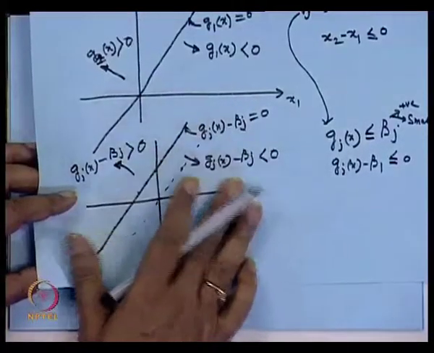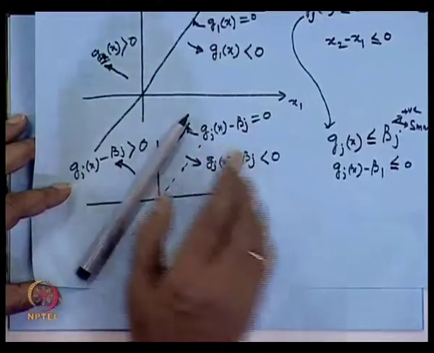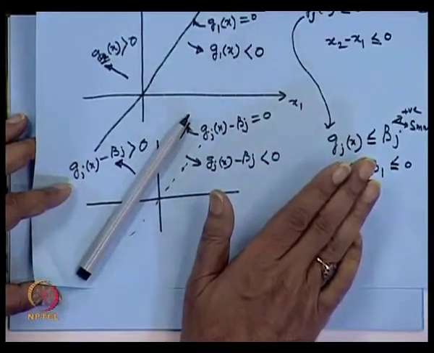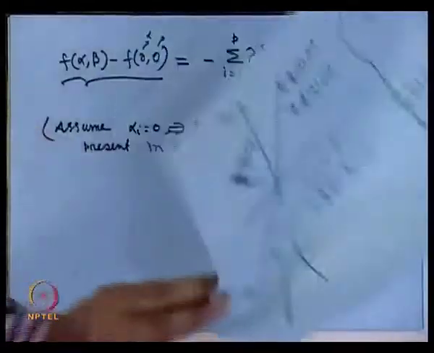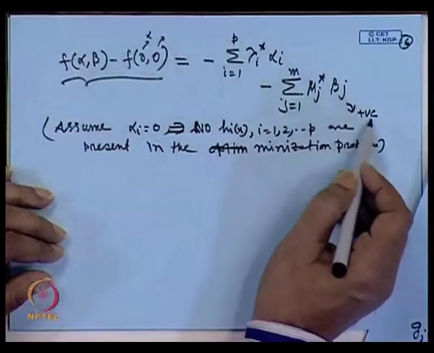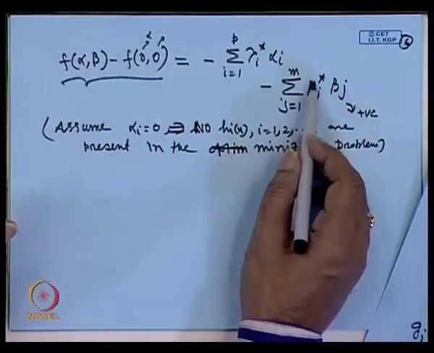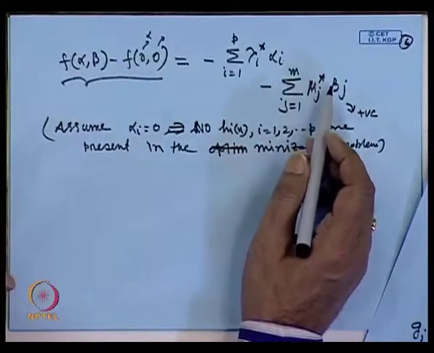This contradicts our assumption. If you relax the constraints, which means we have increased the search space, there is a possibility of reduction in the cost function. But here the cost function is increased when beta is positive and the Lagrangian multiplier mu_j is coming negative.